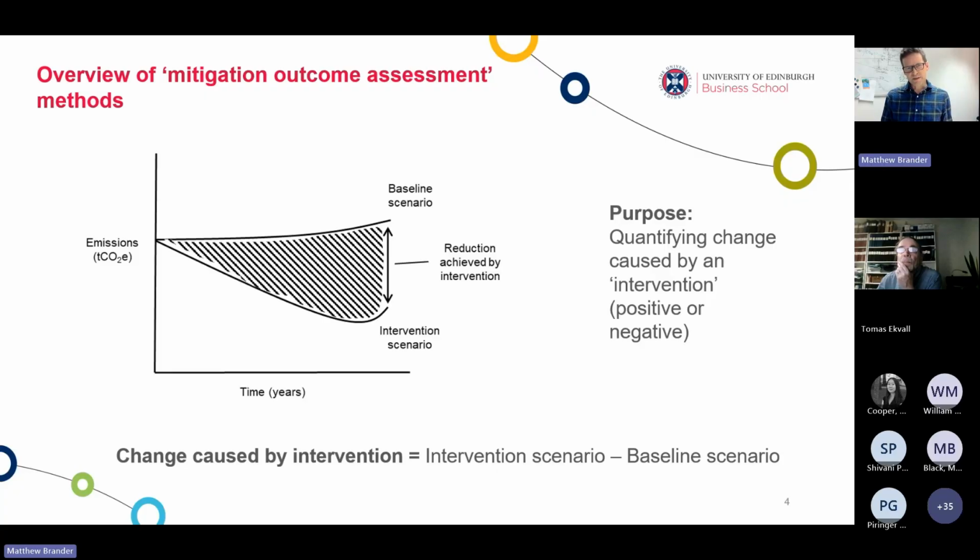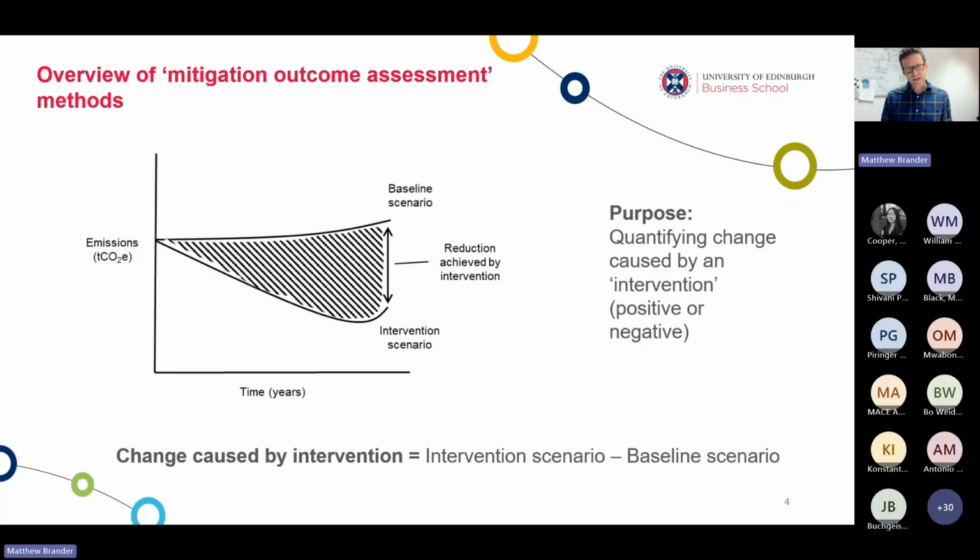For that baseline scenario, you would quantify emissions and removals occurring in that scenario. You'll then do the same for the intervention scenario. You'll look at all of the emissions and removals occurring in the intervention scenario. And then the difference between those two scenarios is the change caused by the intervention that's being assessed.